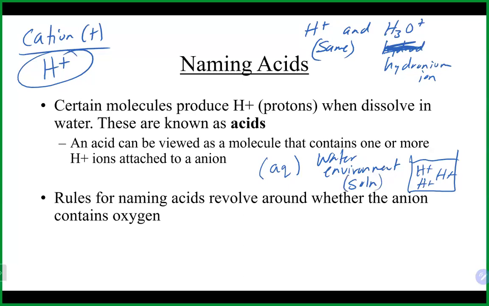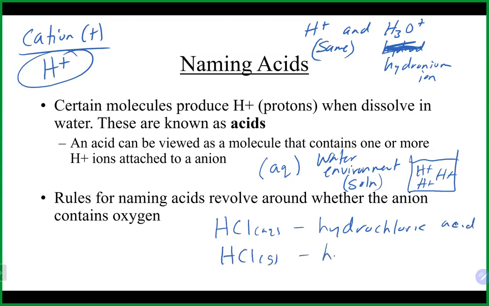So when you write the formulas for your acid, you want to put that little aqueous symbol next to it. For example, if you had HCl that's aqueous, that is hydrochloric acid. HCl in the gas phase is called hydrogen chloride.